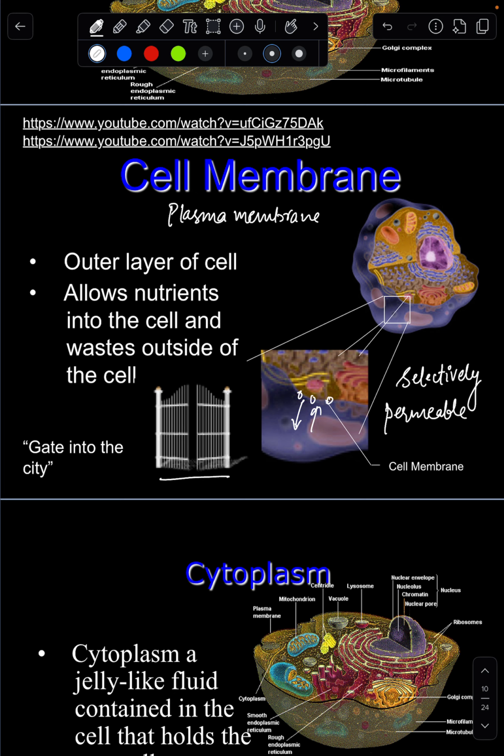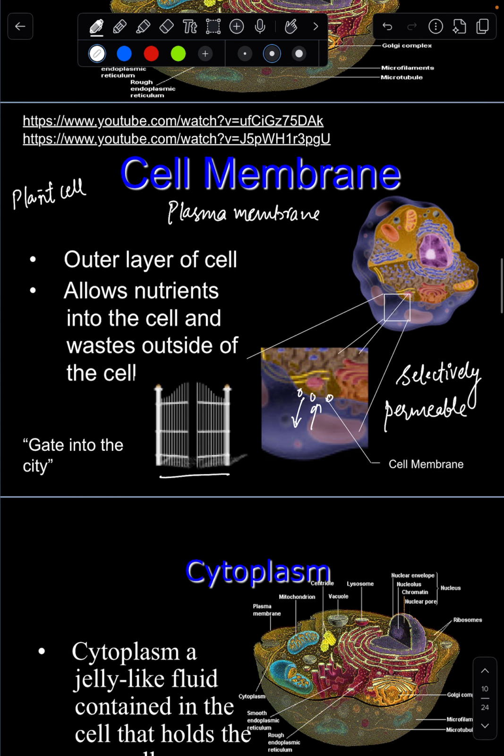This cell membrane also protects the cellular components from damage and leakage. So it is a wall-like structure between two types of cells. In animal cells it is mobile, but in plant cells the cell membrane is immobile. So they are well protected from the outer environment.